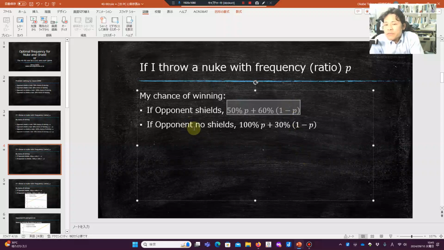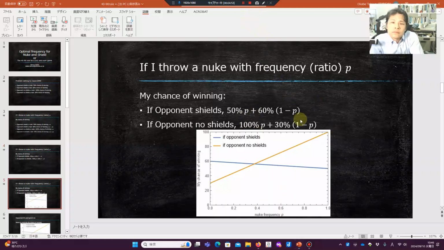And if the opponent doesn't shield, then my chance of winning is this. Let us plot these two functions. So this is the result. This curve, the blue line, is if the opponent shields, the x-axis is the nuke frequency p, and the orange one is the case the opponent doesn't shield.